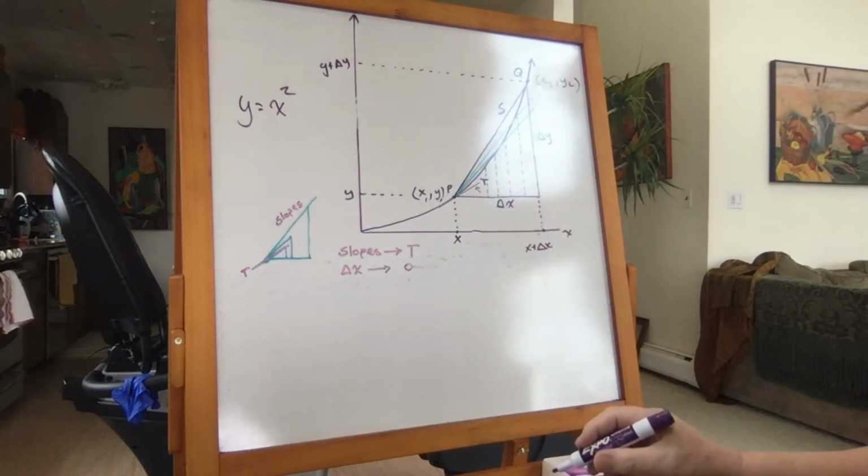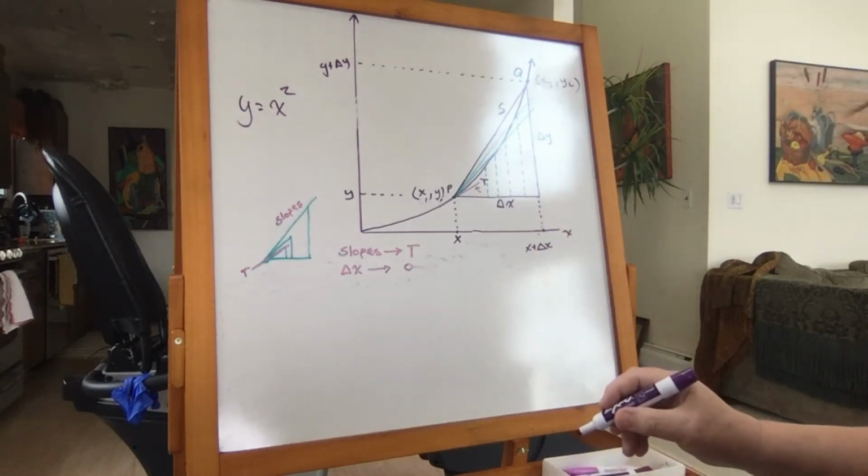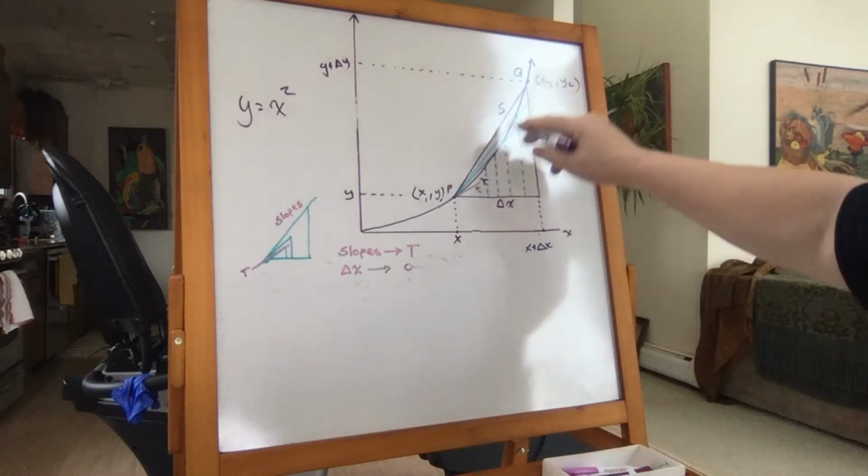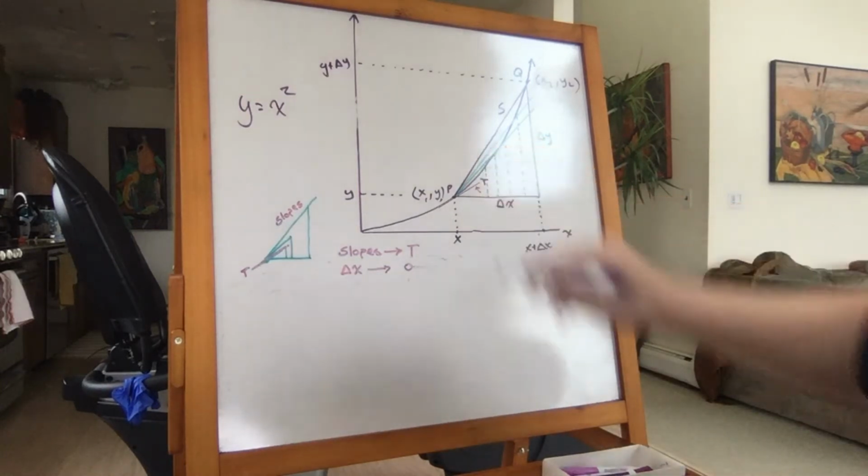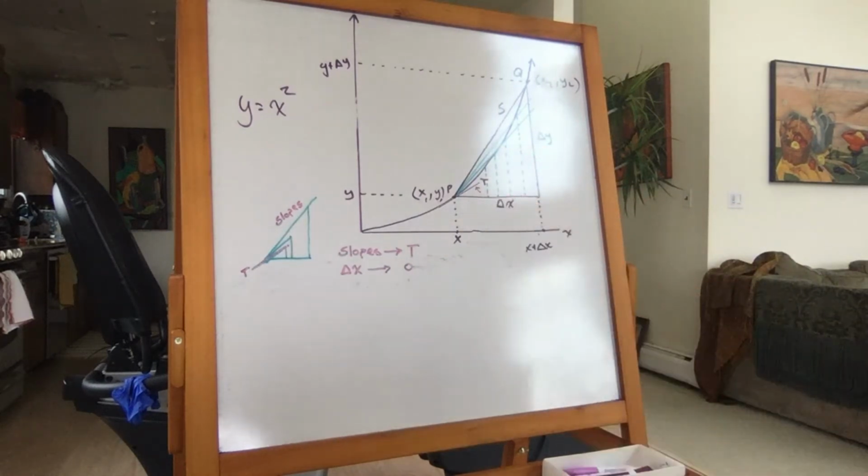And so what we're interested in then is to find the equation that gives us the slope here, and then squeeze delta x to 0 by taking a limit and seeing what results as we look at that slope.